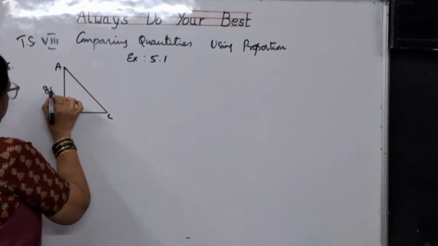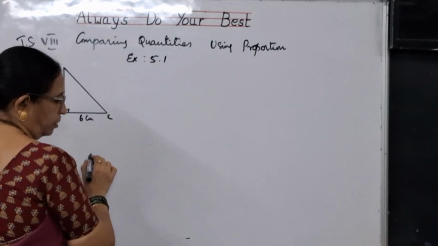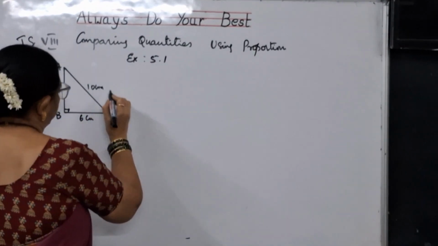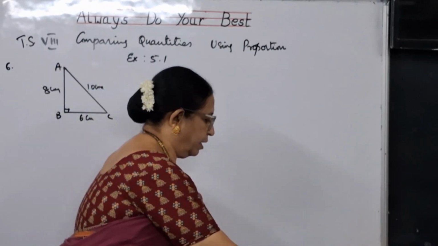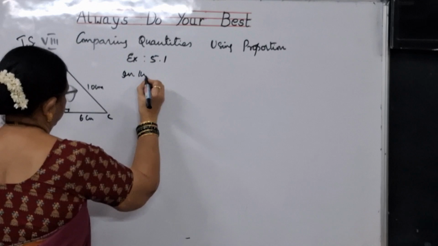AB is 8 centimeters, BC is 6 centimeters, and AC is 10 centimeters. Now, let me read the problem.